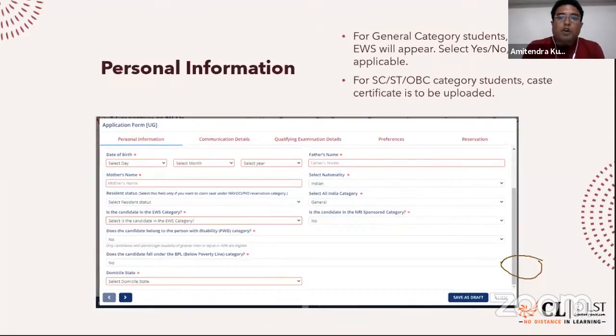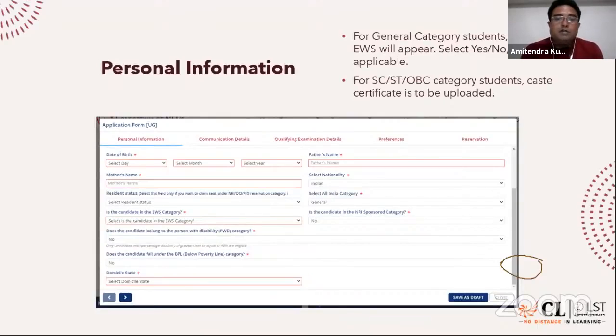Now, the most important part here is to select the domicile status. Why is domicile status important? Because most of the national universities, barring a couple of them at the moment, provide some sort of reservation, whether it is applicable to the general category or not, but definitely to other categories.